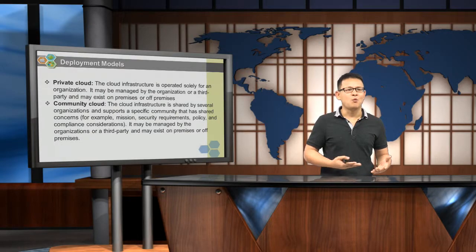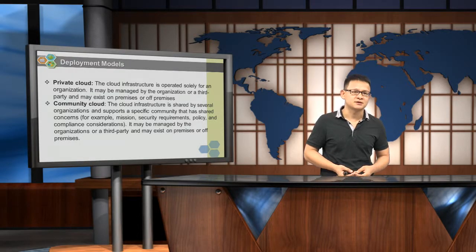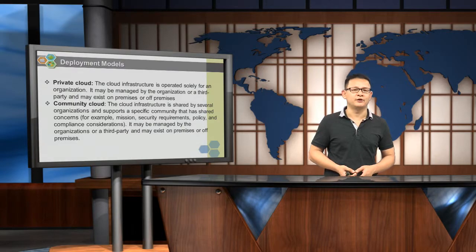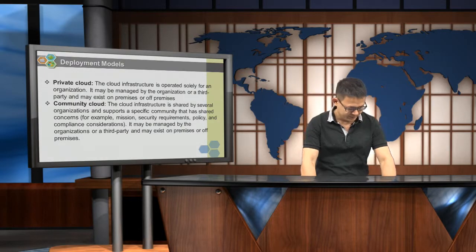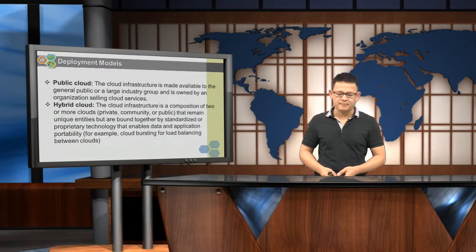You may work in the same area, in the same domain. Maybe you want to exchange data. You have the same mission, the same security requirements, policy, or compliance considerations. So in this case, community cloud is a good choice for you. And we also have the public cloud.